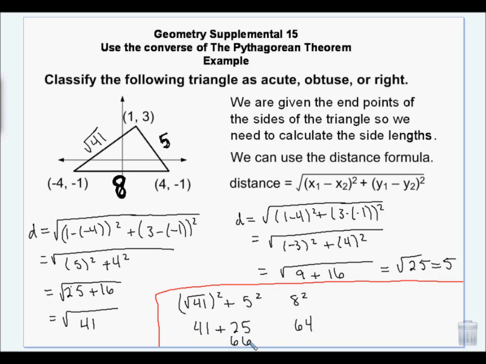So 66 and 64. I'm going to put a greater than symbol here. So it is an acute triangle. And you can tell this is 66, this is 64. It's probably really close to being 90 degrees because these two numbers are really close to each other, but they're not. So it's acute still.